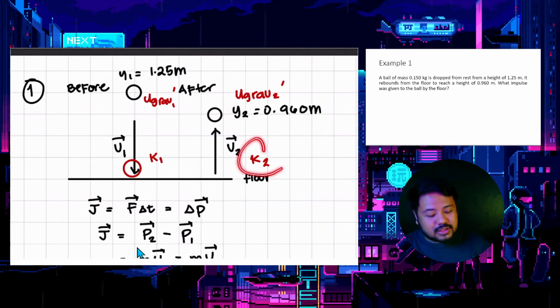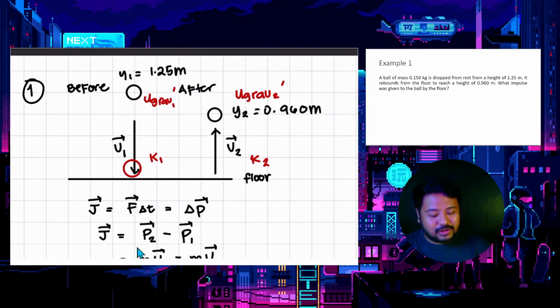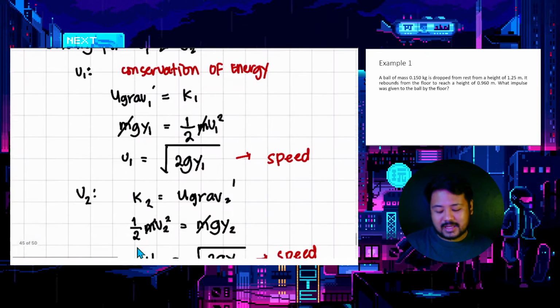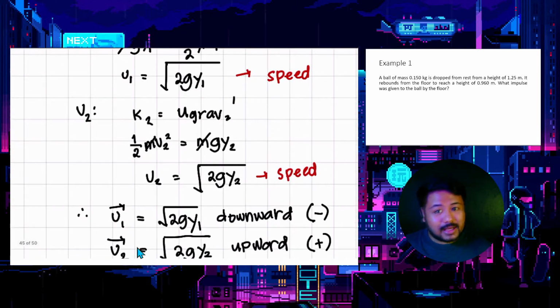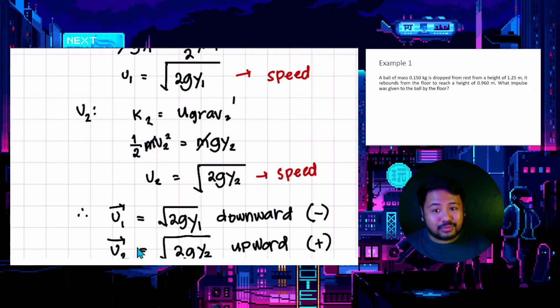So K2 is just equal to gravitational potential energy, wherein y2 is just 0.960 meter. Hence we now have this equation again, wherein v2 is just equal to the square root of 2gy2. Now, those are just speed.